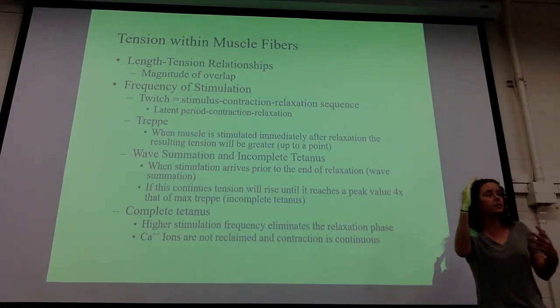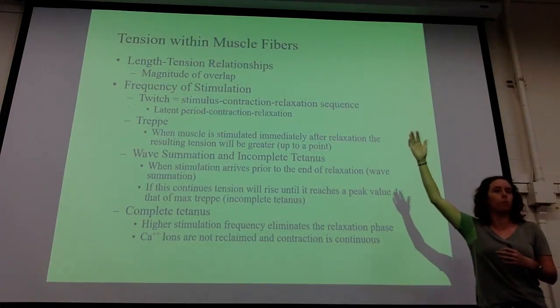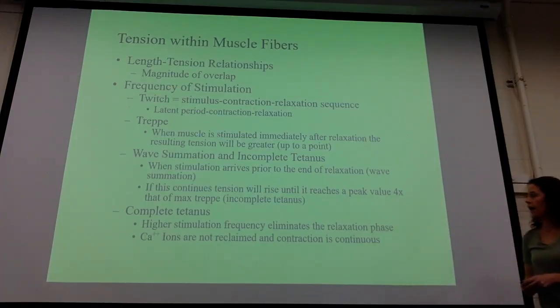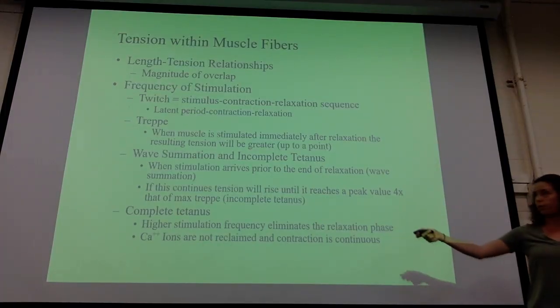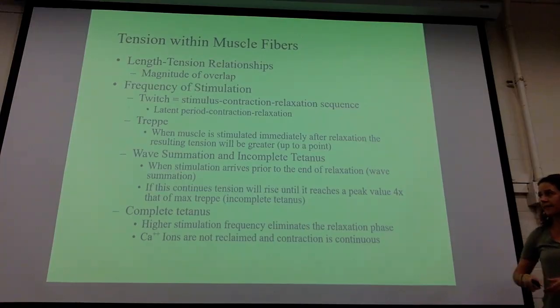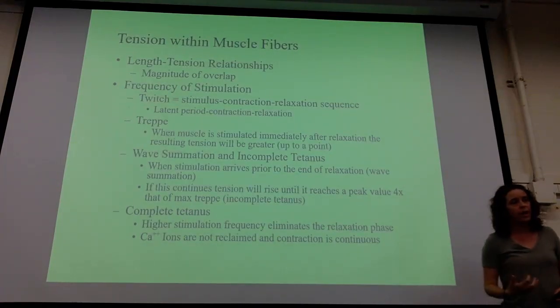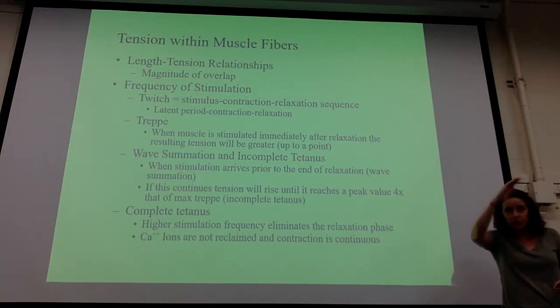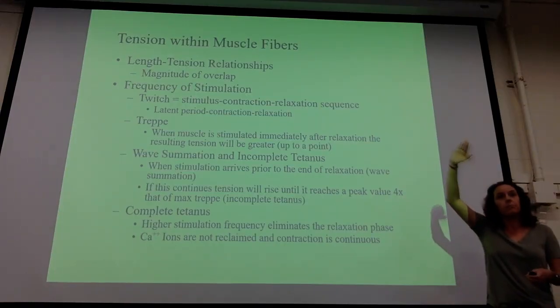Then the next stimulus comes in and we build much more on the tension produced. And what gives us the most force production is complete tetanus. Complete tetanus is when we are receiving such a high frequency of action potentials that we don't start the relaxation phase at all. We just build and build and build on the tension.